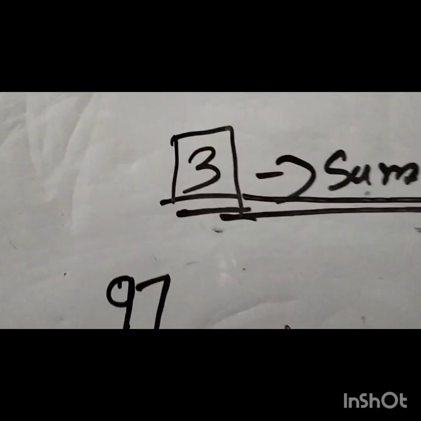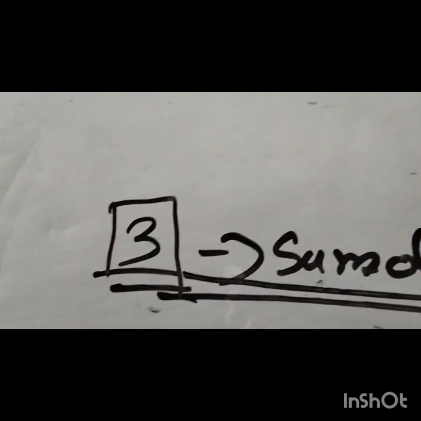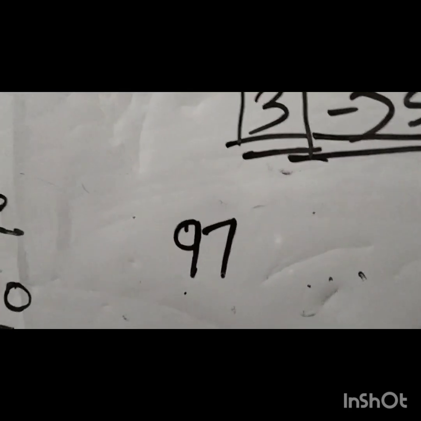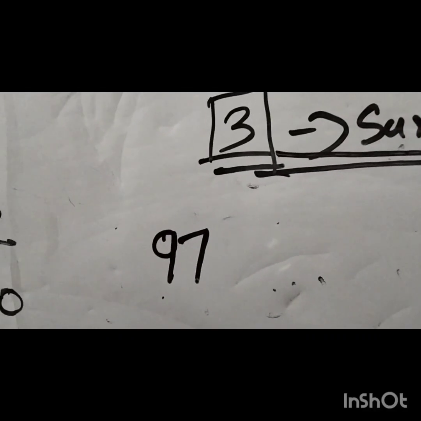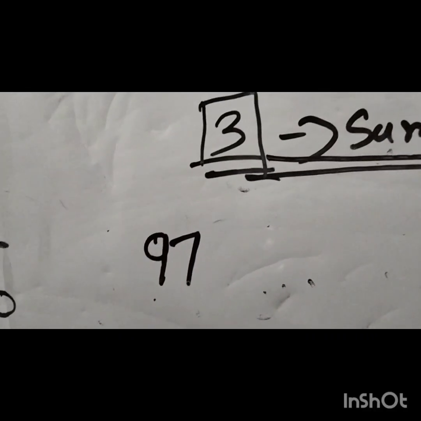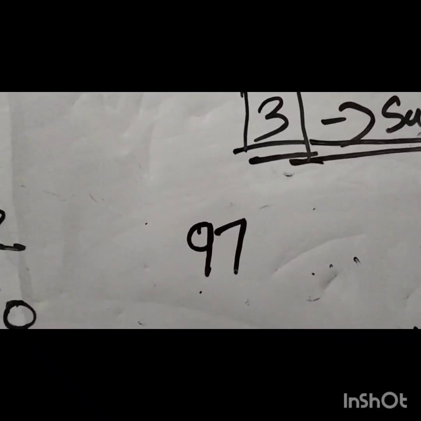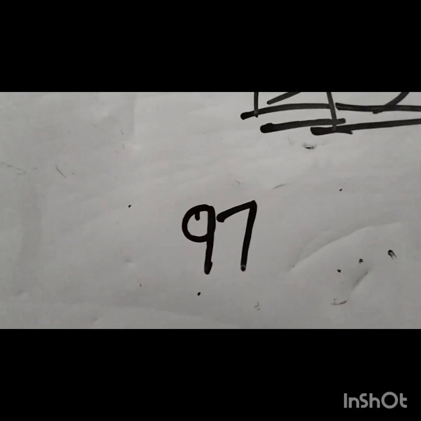Then another number, that is 3. Many of us don't know about this. If we are given a number and asked whether it is divisible by 3, how will you find that?